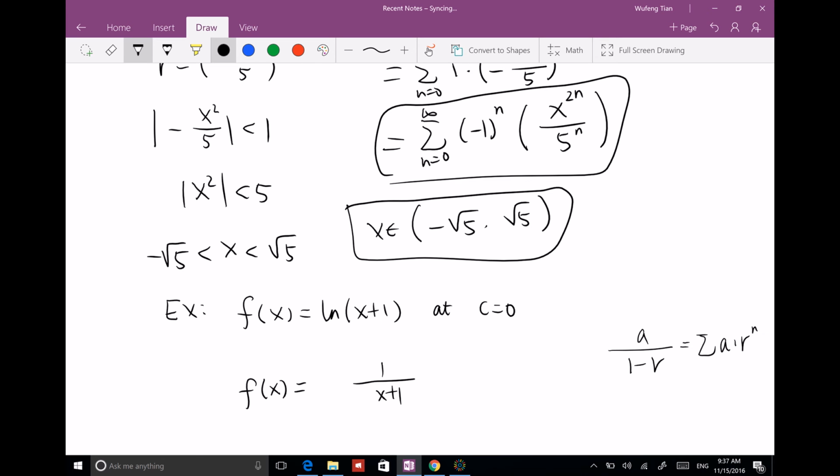So this one equals what? Yeah, you are almost there. 1 over x plus 1. Compare this function and this function. You can do 1 over x plus 1 to get to ln.